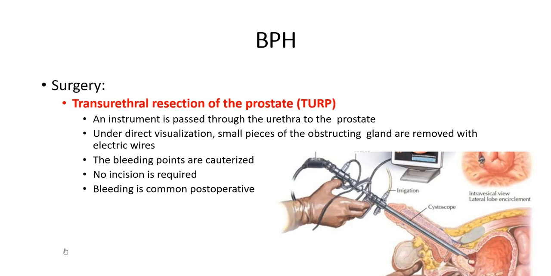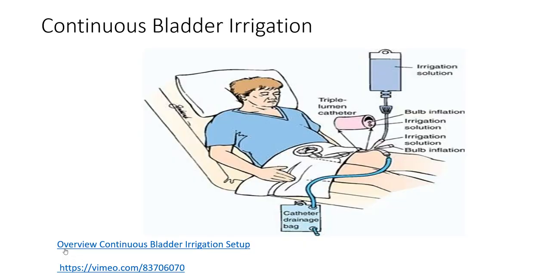What that does is when you put that catheter in, it's overinflated to try to, I guess, tamponade, to put some pressure against the area to reduce the amount of bleeding after. It may stay in place for about 3 to 5 days to drain the bladder, and then you'll probably see them on continuous bladder irrigation.